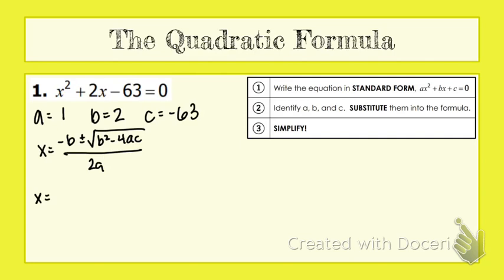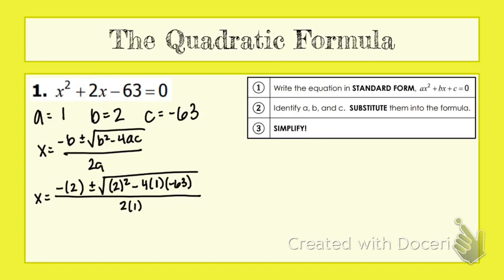And when we plug stuff into the quadratic formula, always use parentheses whenever you're substituting stuff in. Negative b, which is 2, plus or minus b squared. Sorry, that's terrible. Minus 4 times a times c, all over 2 times a.